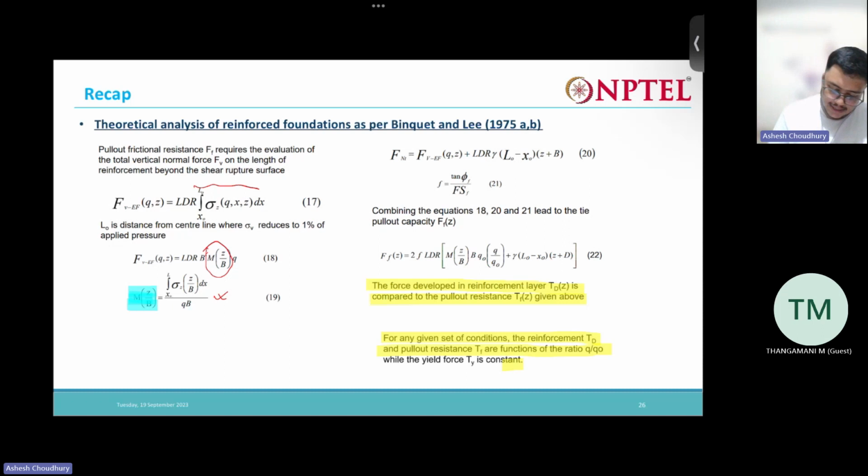So finally we have the vertical force on EF.